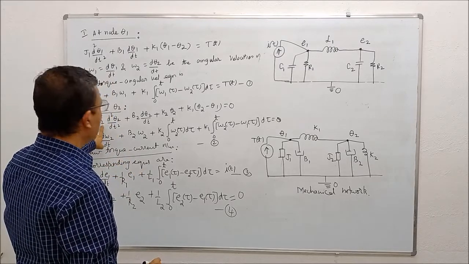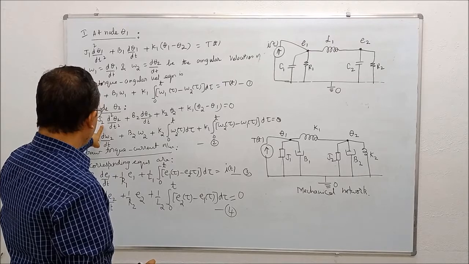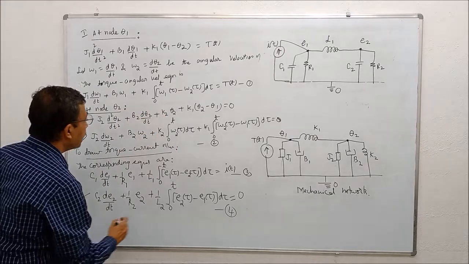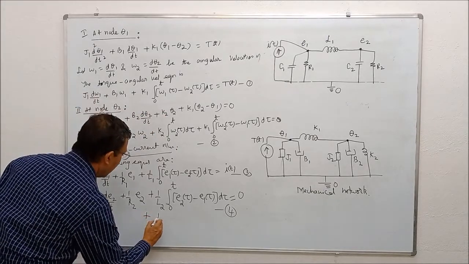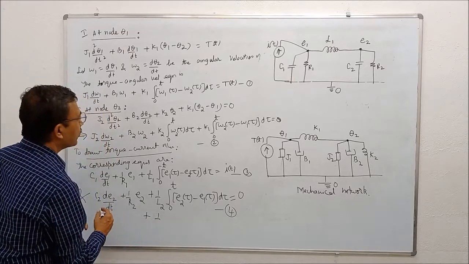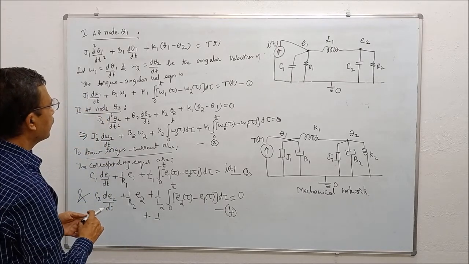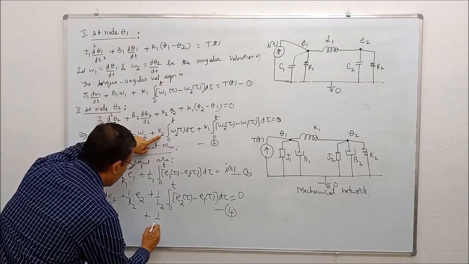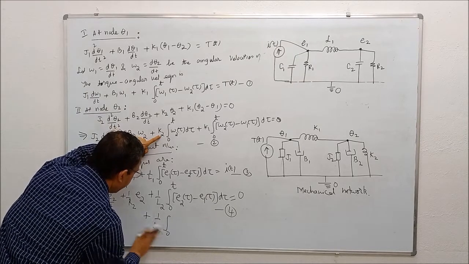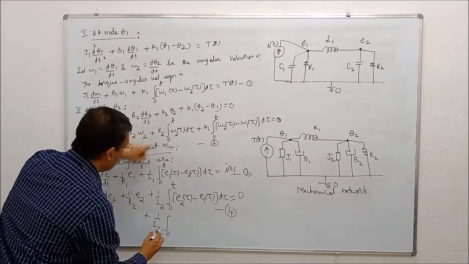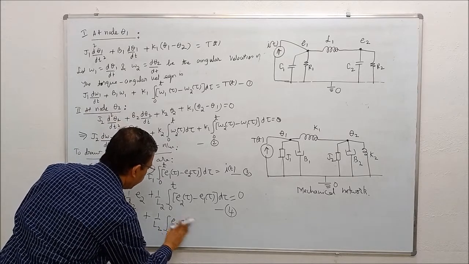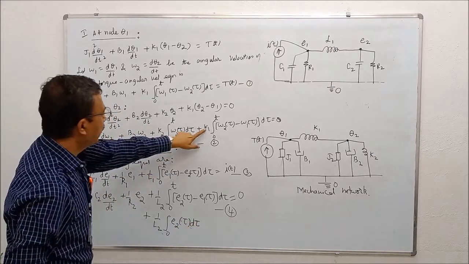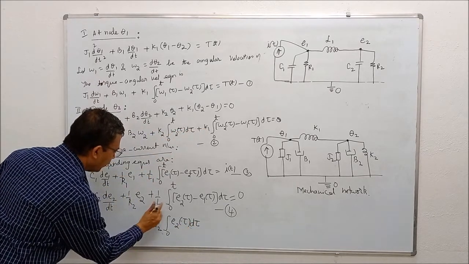One term is left out here in the J2, C2 equation, so I will write it here: plus K2, which is 1/L2, integral 0 to t of E2(τ) dτ. And K1 has to be 1/L1.